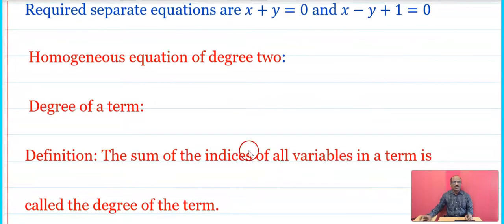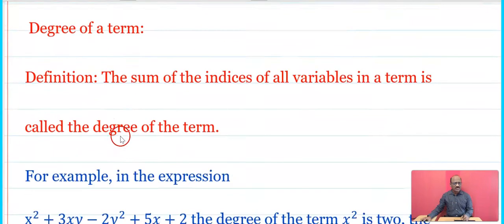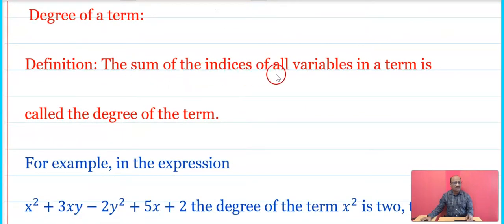Now next is the homogeneous equation of degree 2. Homogeneous means the sum of the powers of the variables in each term is equal to 2. Degree of a term: the sum of the indices of all the variables in a term is called the degree of the term.